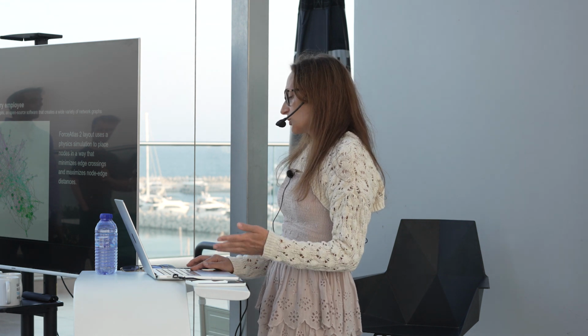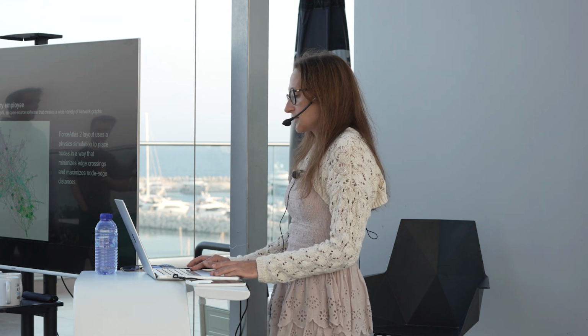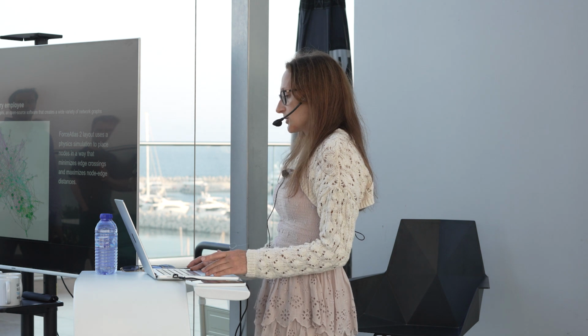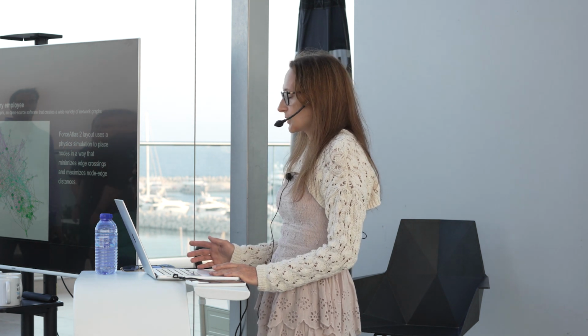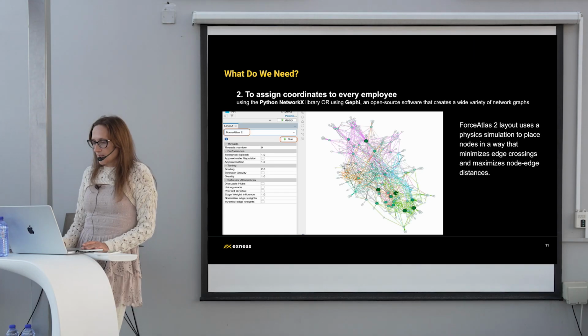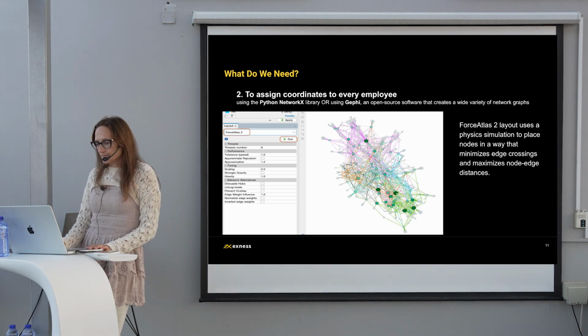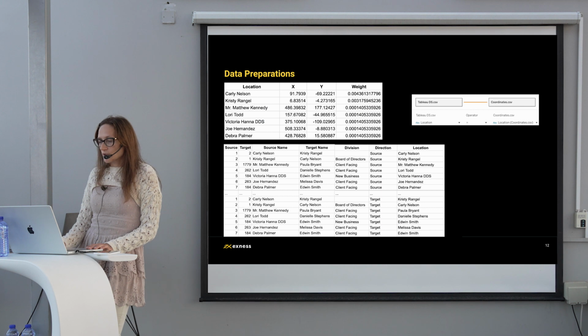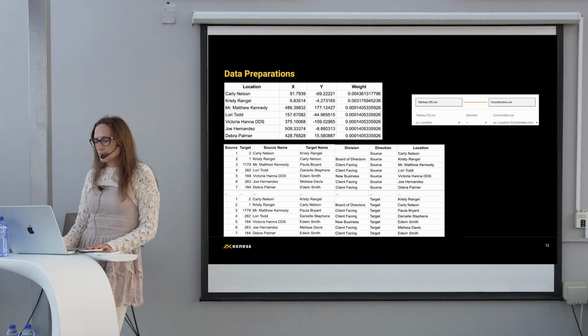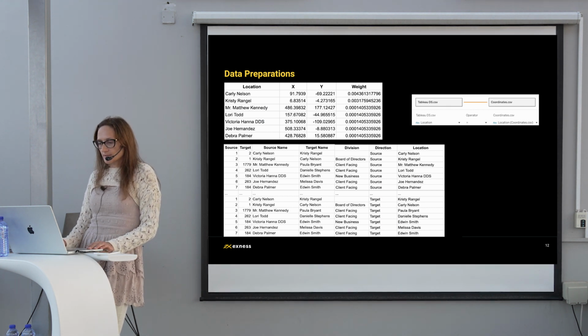But you could use either of these tools, Python or Gephi, to calculate weights and to get coordinates. You can find more details on how to use them in our above-mentioned articles.